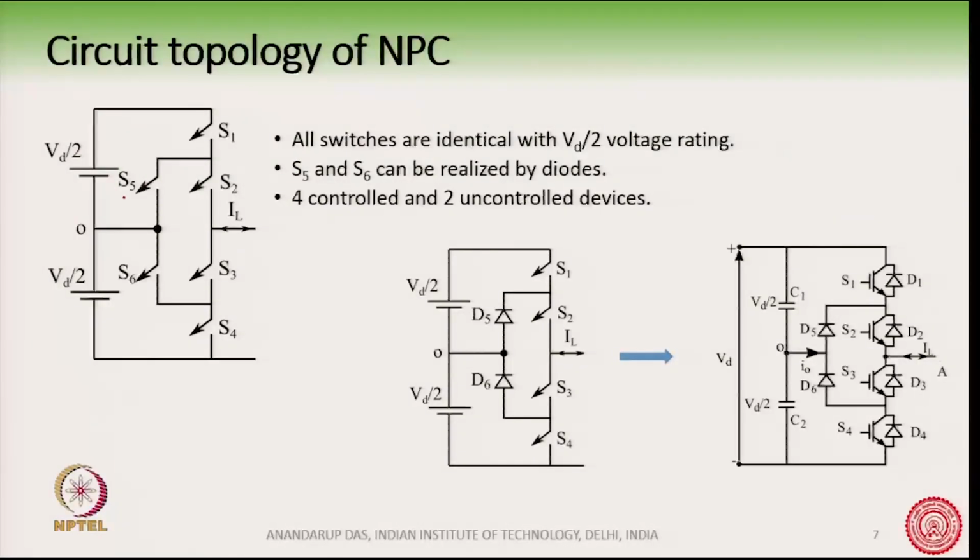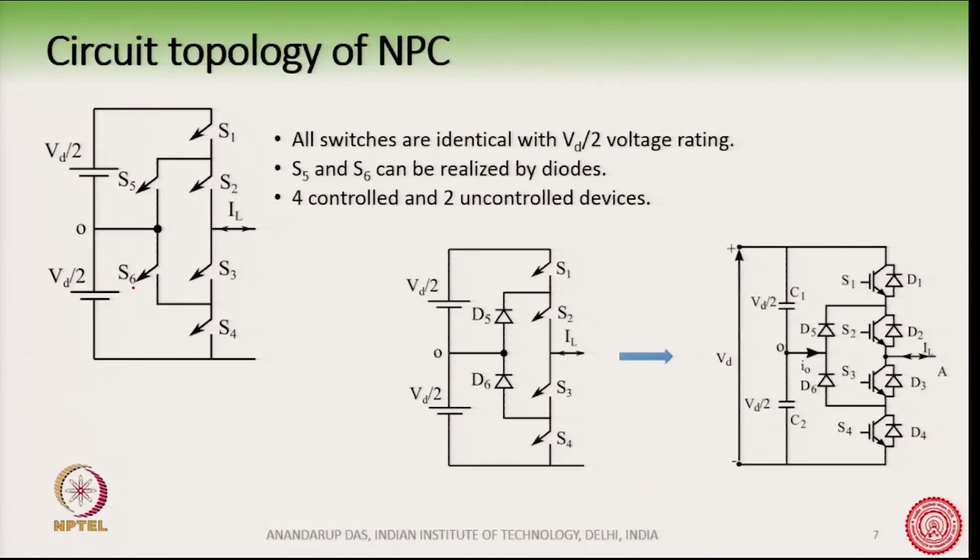Now, later it was also realized that it may actually be possible to have only diodes in place of the IGBT plus antiparallel diode in place of S5 and S6.